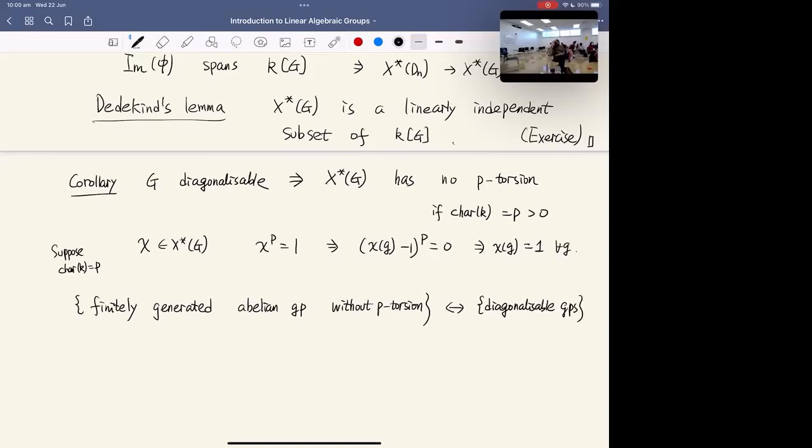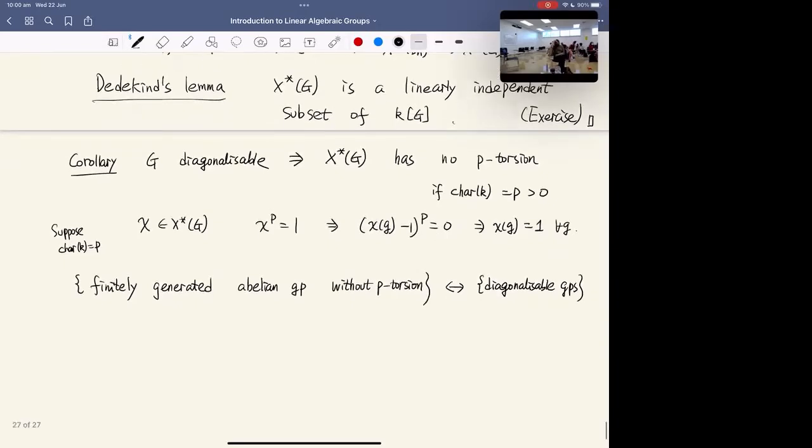So the groups of characters arising from diagonalizable groups are exactly the finitely generated abelian groups without p-torsion.